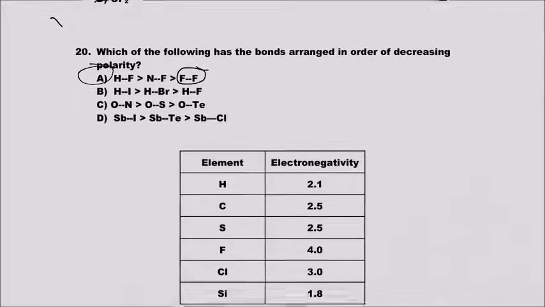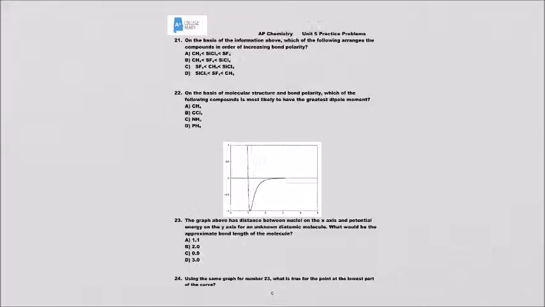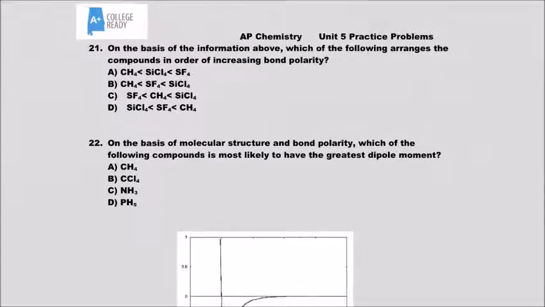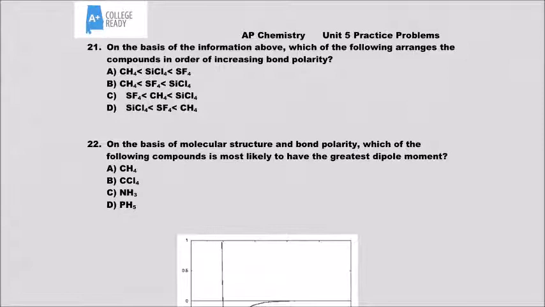21, we're given a table of electronegativities. Let's look at the question and we'll come back to that. On the basis of the information above, which of the following arranges the compounds in order of increasing bond polarity? So increasing bond polarity from the least polar to the most polar.